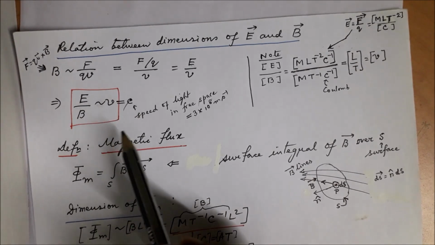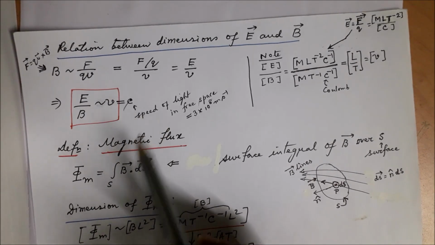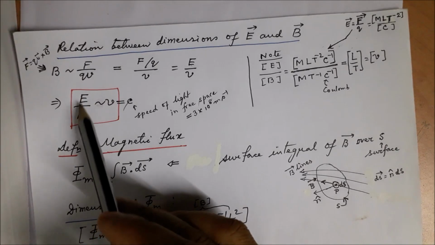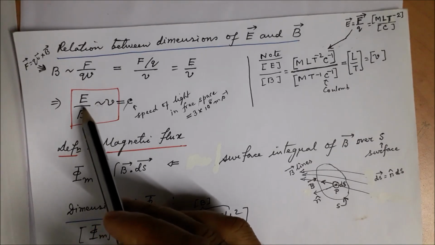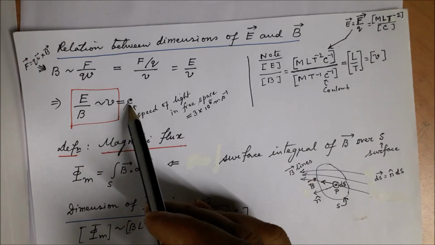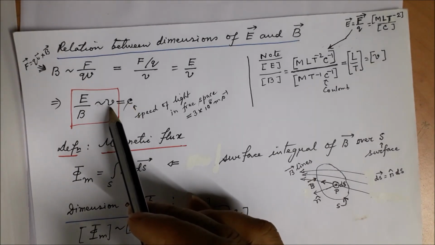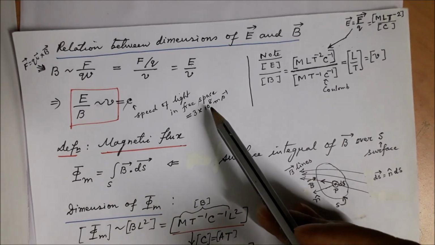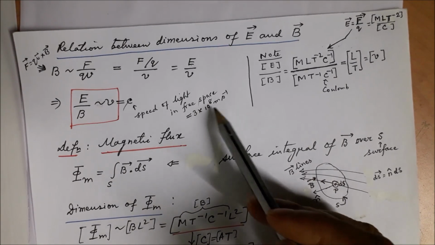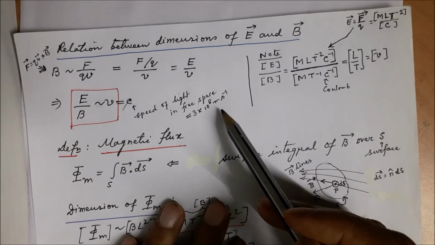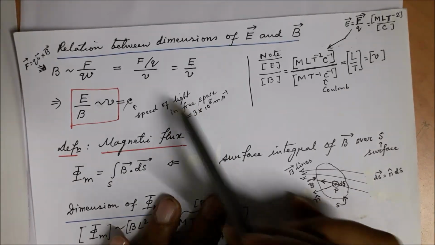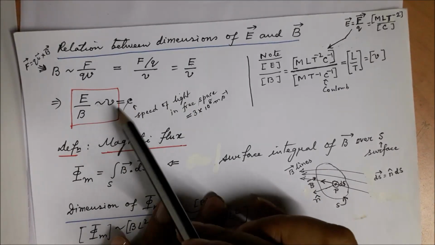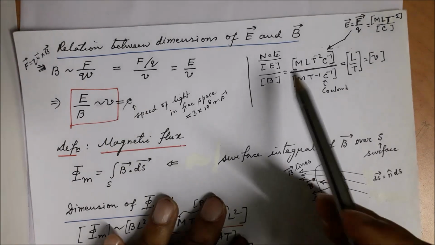And from a different subject, electromagnetic theory, we know that these fields propagate at the speed of light. So this V is actually the speed of light in free space, whose value is 3 into 10 to the power 8 meter per second. We can rederive this relation from dimensional analysis.